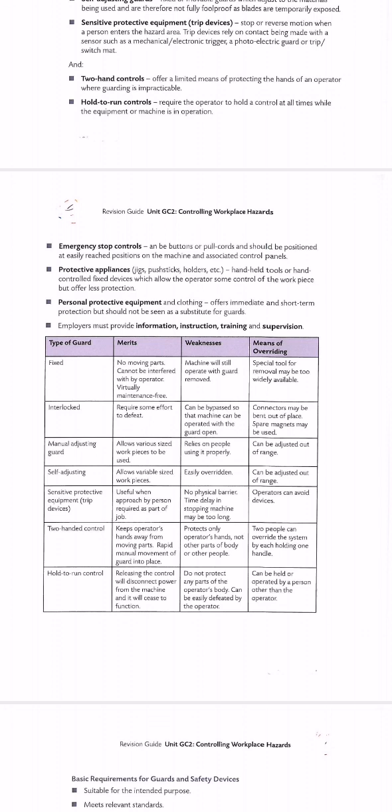No moving parts that can be interfered with by the operator, virtually maintenance free. Then what are the weaknesses? The machine will still be operating with a guard removed. Then what are the means of overriding? Special tools for removing may be too widely available, right?